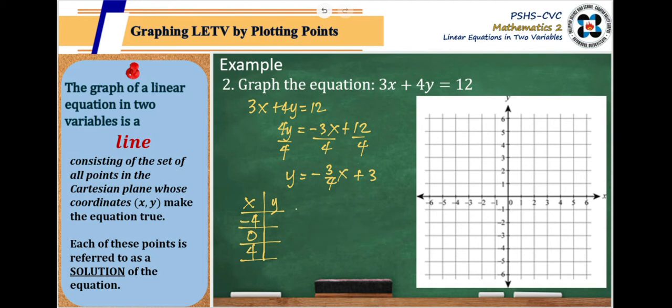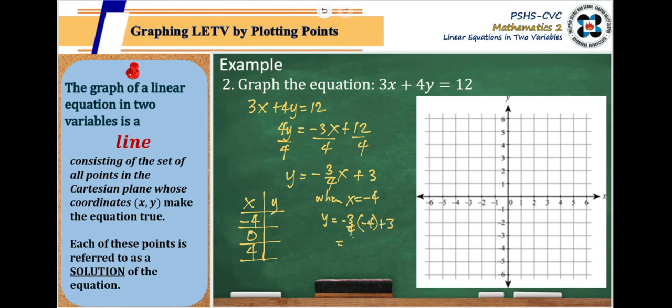So here we all know that y is equal to negative 3/4 x plus 3. Using the identified values of x, how are we going to solve for the corresponding value for y? We can write here, when x is equal to negative 4, we have y is equal to negative 3/4 times negative 4 plus 3.